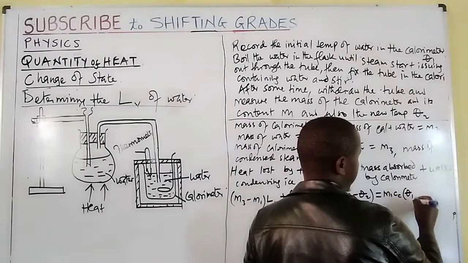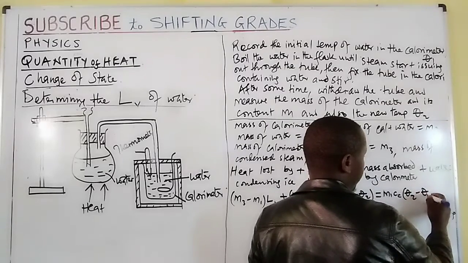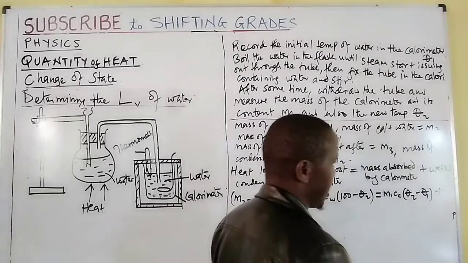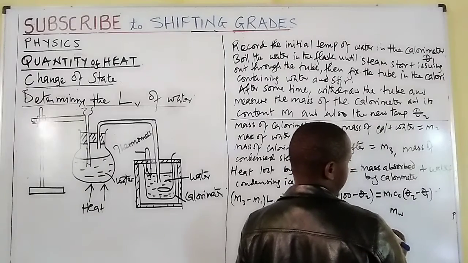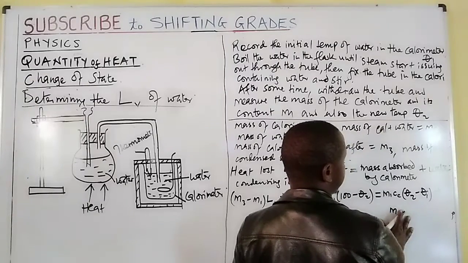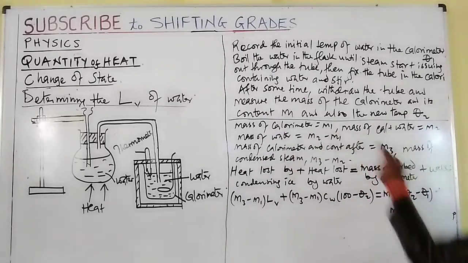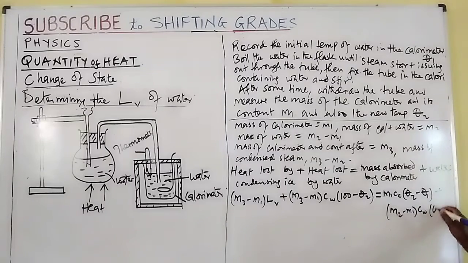They were initially at theta 1 and are rising to theta 2, so theta 2 minus theta 1, plus heat gained by water. There was water inside the calorimeter, whose mass is M2 minus M1, times specific heat capacity of water times change in temperature from theta 1 to theta 2. So it will be this one.